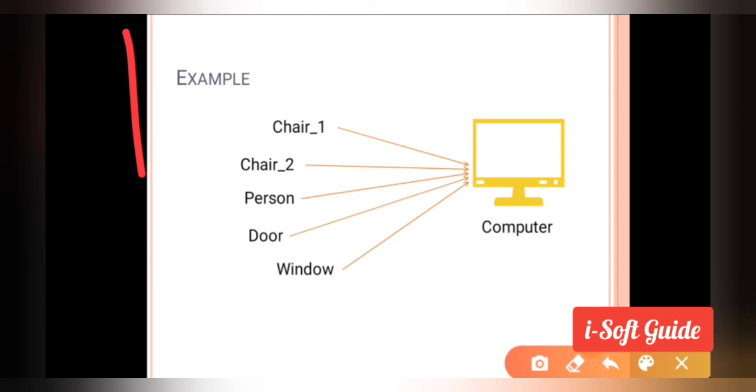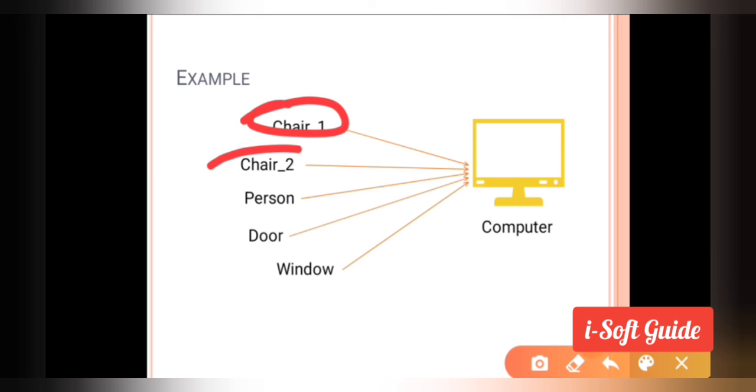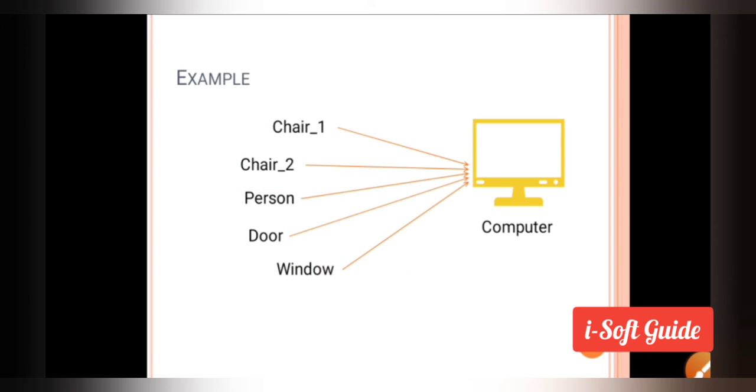Here chair 1 is an object, chair 2 is an object, person is an object, door is an object and window is an object. So if we consider this chair 1, again we will focus on how these are related to each other. First we will input these objects and then we will input the relationship between objects.